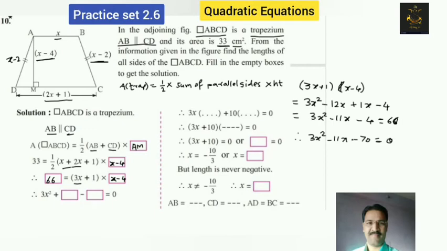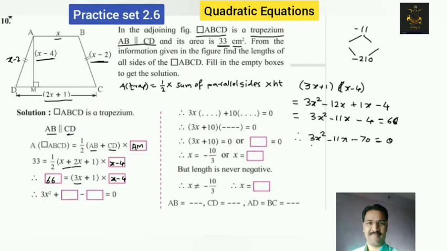Now we have to do the middle term splitting. That one in quadratic, splitting the middle term, we already know. What is here? The sum should be minus 11, and the product should be how much? 3 into 70, which is minus 210. So the factors are, yes, can you tell me?